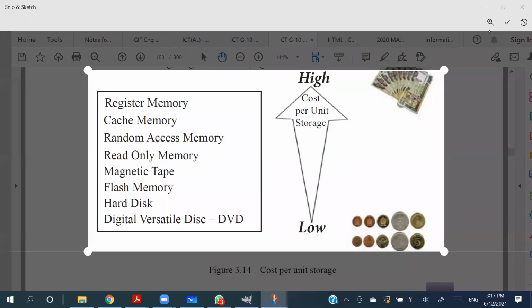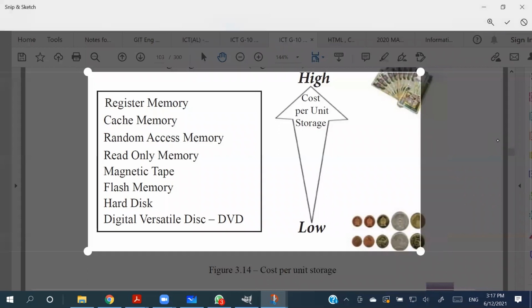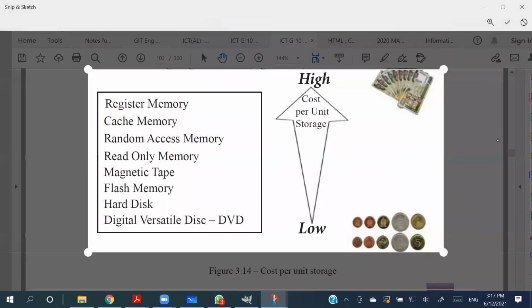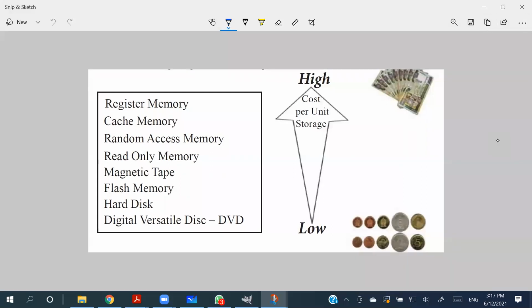Udamya, very good. Because it is situated in the CPU. That is the reason. Because we can't walk into the market and just purchase a register memory. If we want to get a register memory, we have to purchase the CPU, because register memory is inside the CPU.